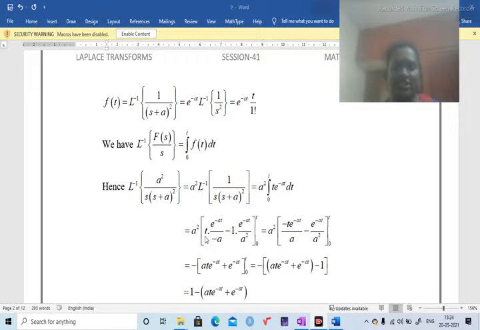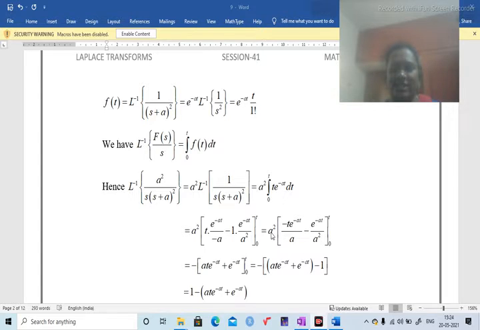The differentiation of t is 1. Here the integration of e^(-at) is e^(-at) by minus a. That's why minus a into minus a is a squared, so a squared as it is. Here I am writing minus t times e^(-at) by a minus e^(-at) by a squared.